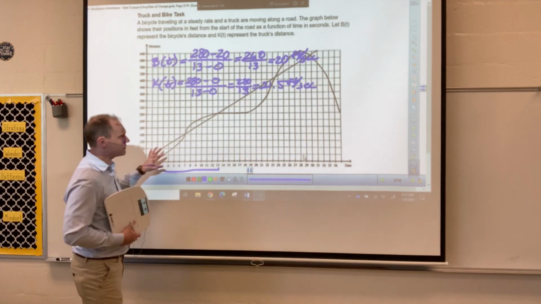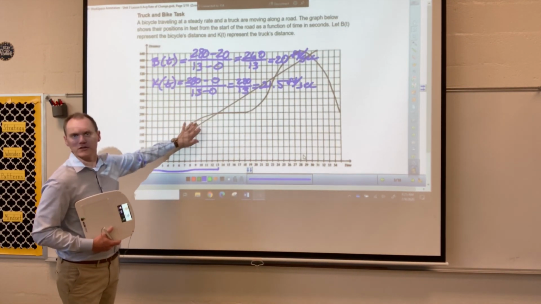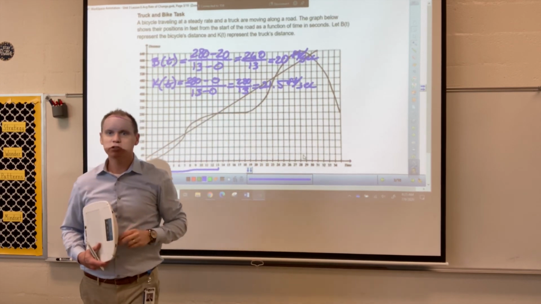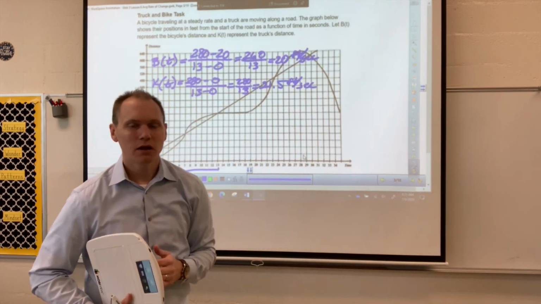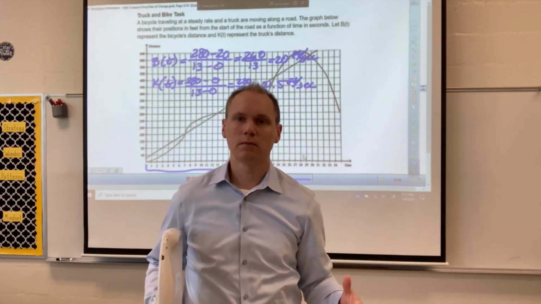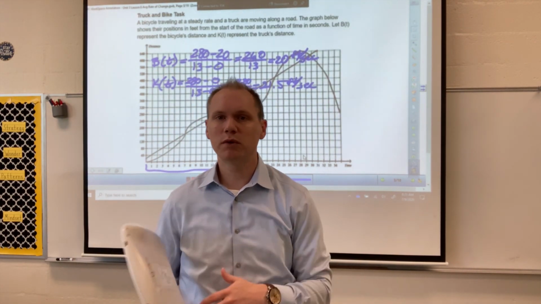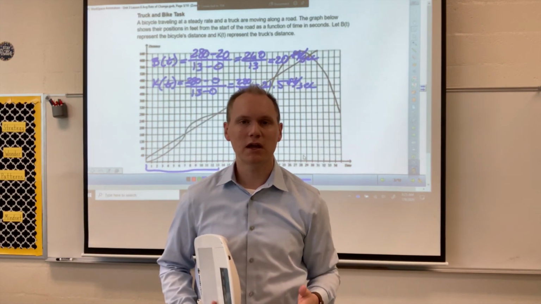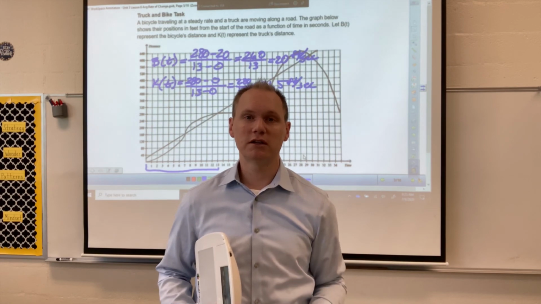So when we think about average rate of change in this particular scenario, we're talking about change in distance over change in time. We're really talking about speed, but even more so velocity. There's a difference between speed and velocity. Speed is just how fast you're traveling. Velocity has a direction attached to it.